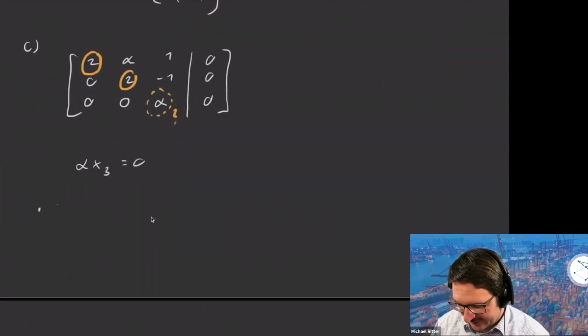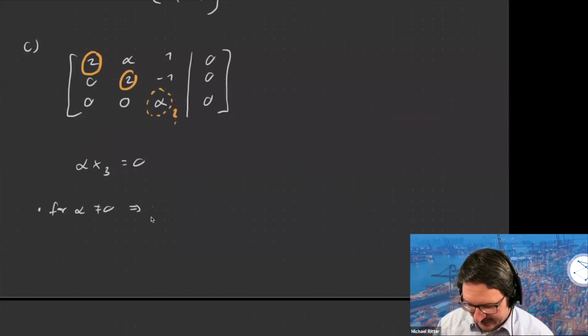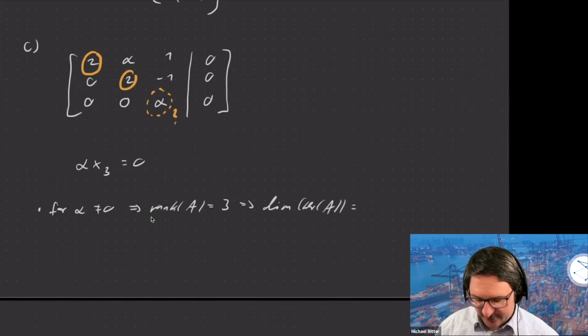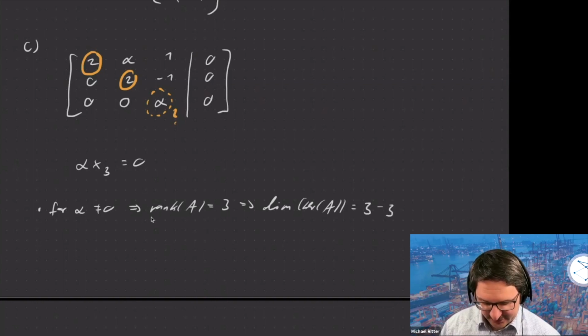Right, so the first case is, again, for alpha not 0, we know the rank of A is 3. That means the dimension of the kernel of A is equal to the number of columns of A, which is 3, minus that rank, which is also 3. So that would be 0.